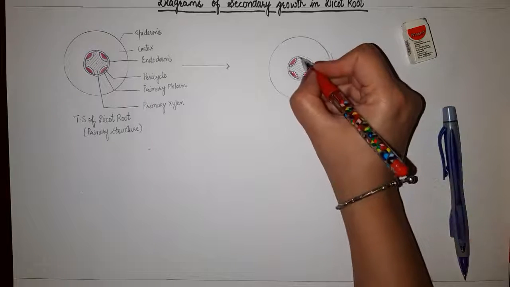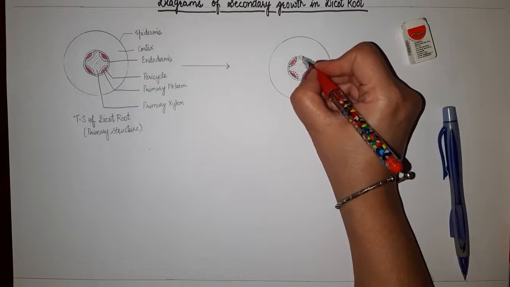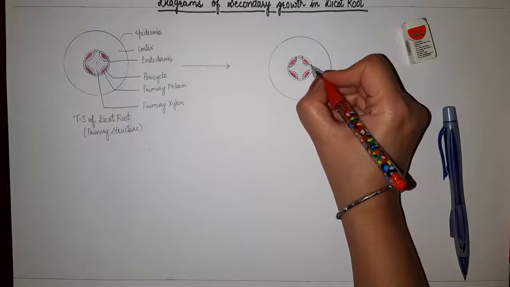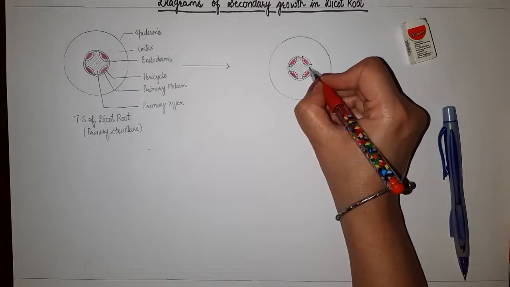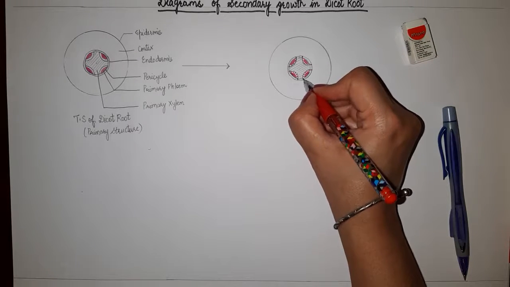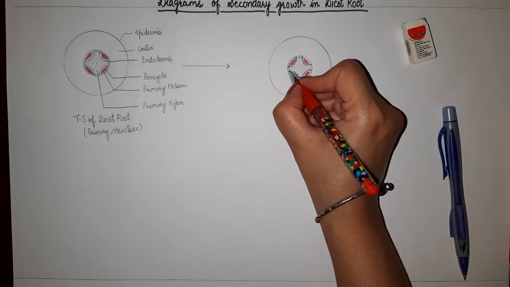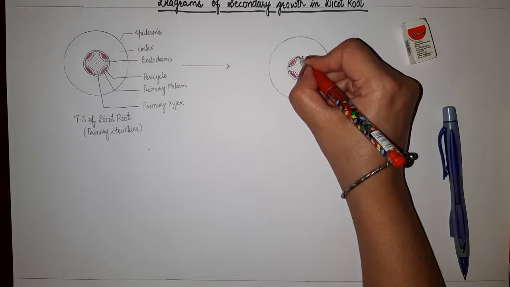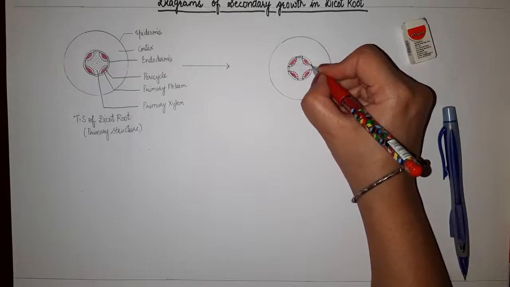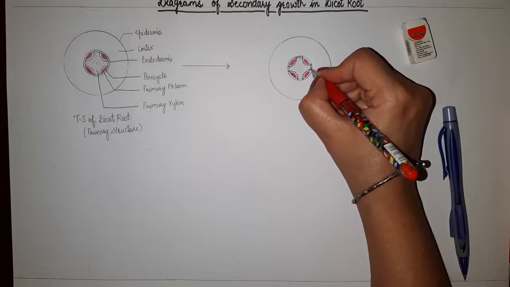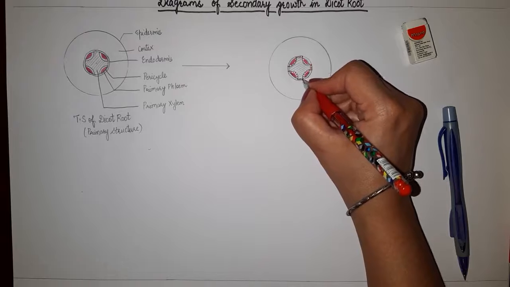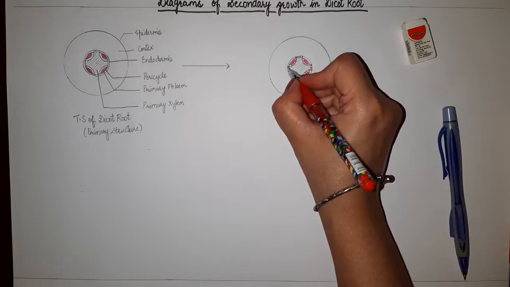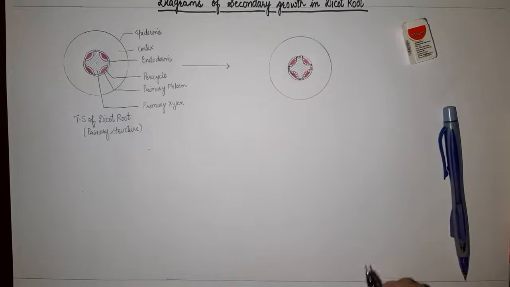In order to make it continuous, the region of pericycle just opposite to protoxylem also becomes meristematic. So in this area, you will draw the remaining strips of vascular cambium.